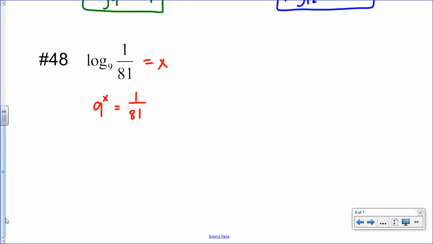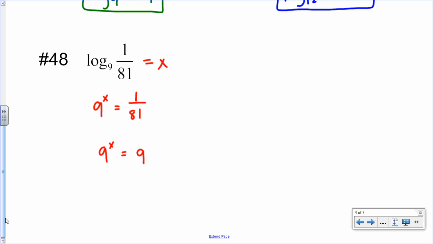So let's think about what we did yesterday when we were solving these exponential equations. We wanted the same base. So the base on the left is 9, the base on the right is 1 over 81, but the 1 over just means negative. So I'm really looking at 9 and 81. Which one's smaller between 9 and 81? 9. So I want to write them both as base 9.